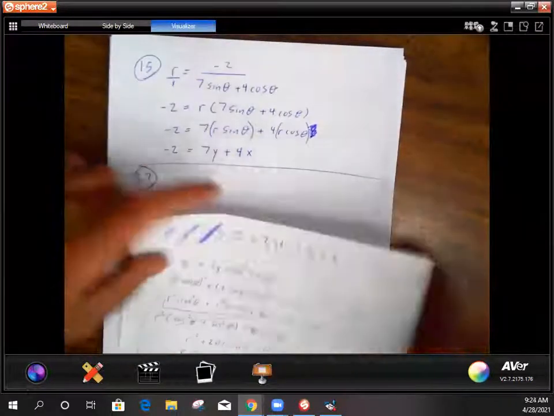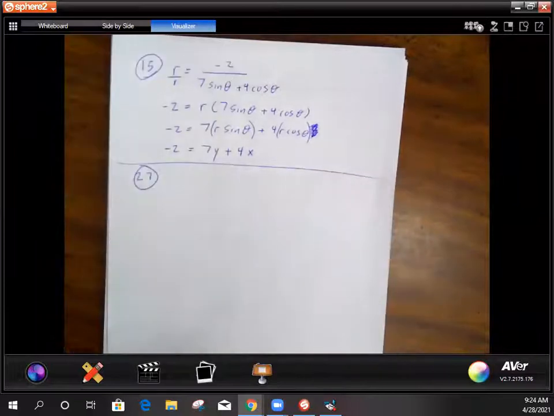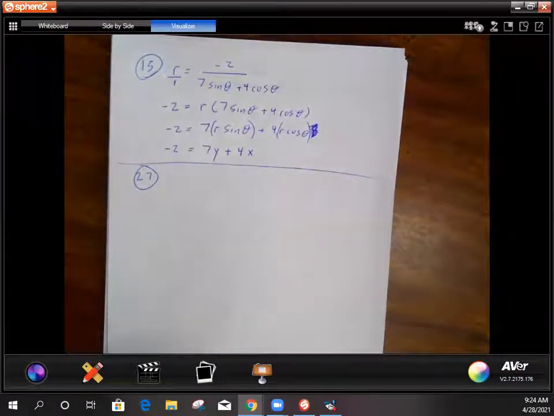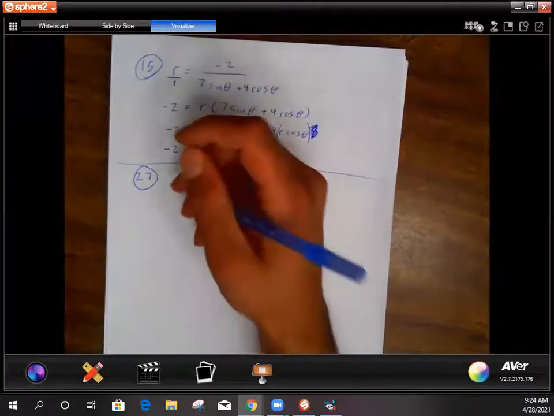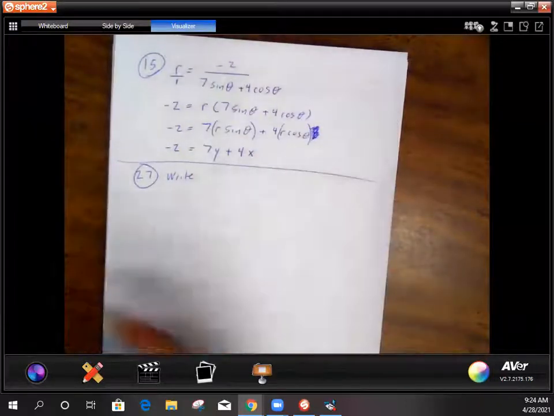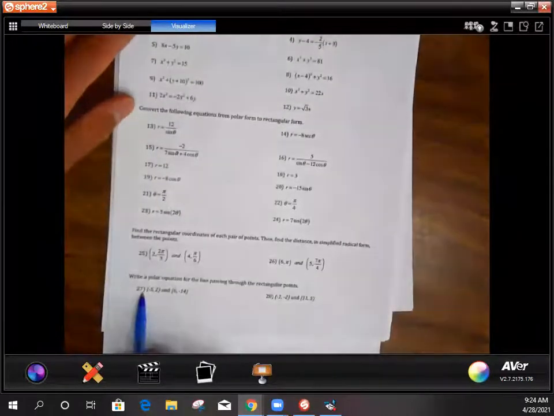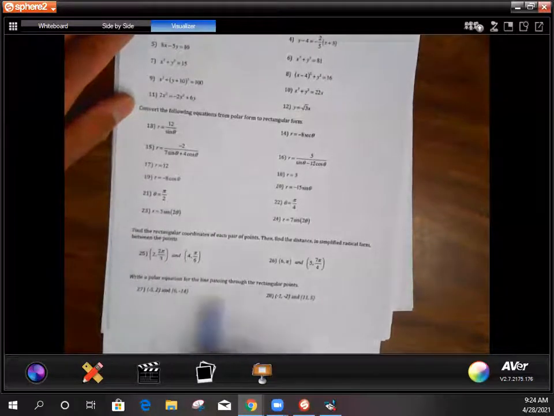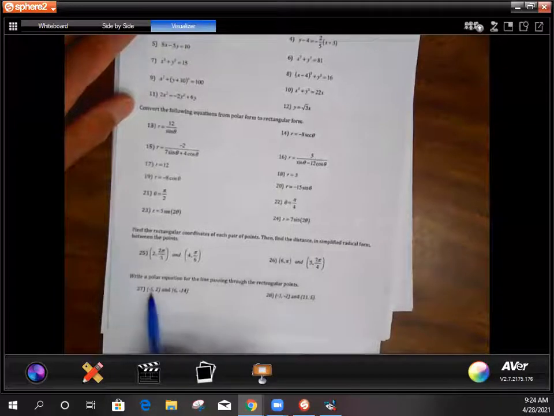So the next one is 27. All right, write the polar equation for the line passing through the rectangular points. So here's the question, number 27. Write a polar equation for a line passing through these two points. So these are rectangular points, x and y.